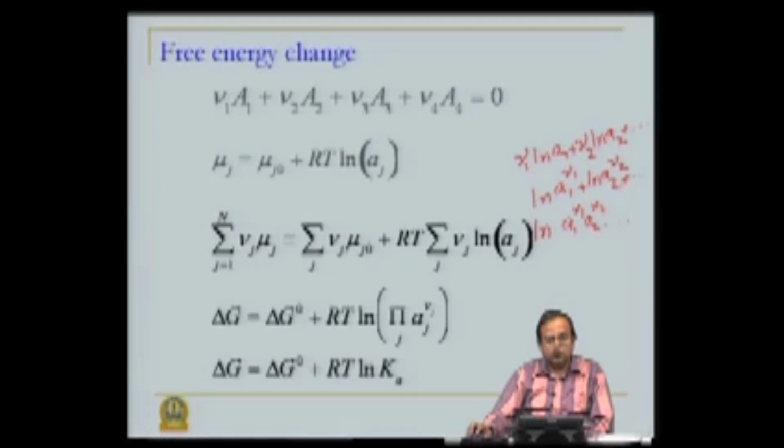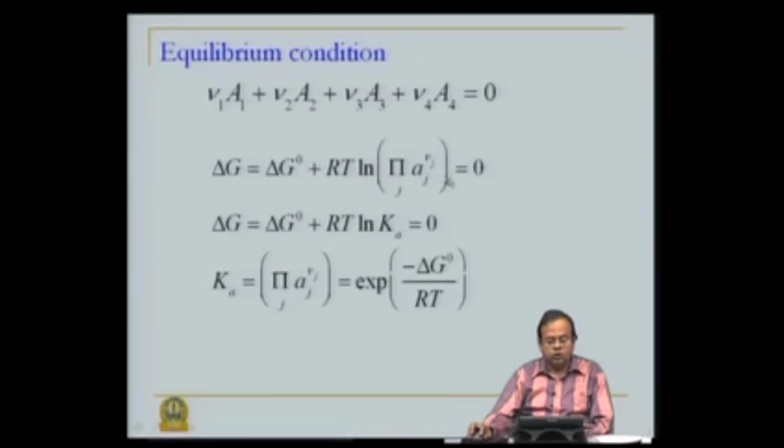Let us move a little further. So, we have our free energy change as delta G 0 plus RT ln of the product of A j raised to nu j, summed over all species.